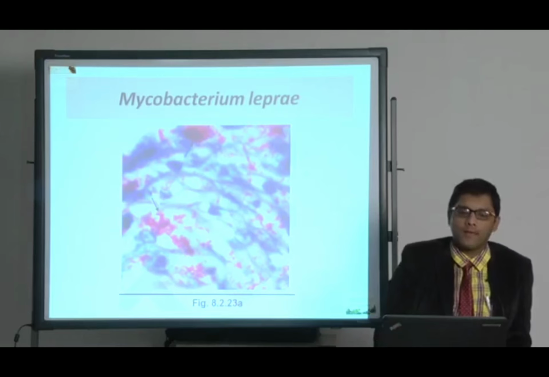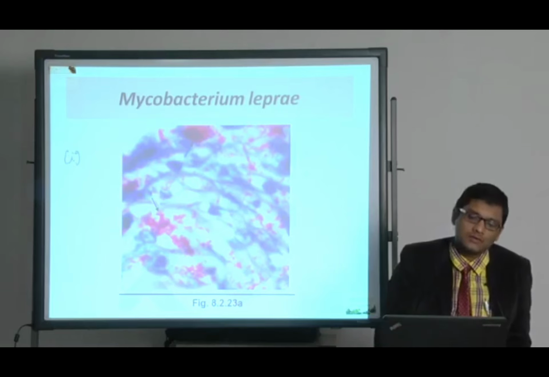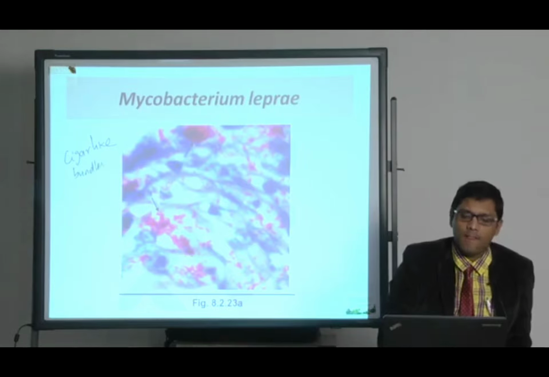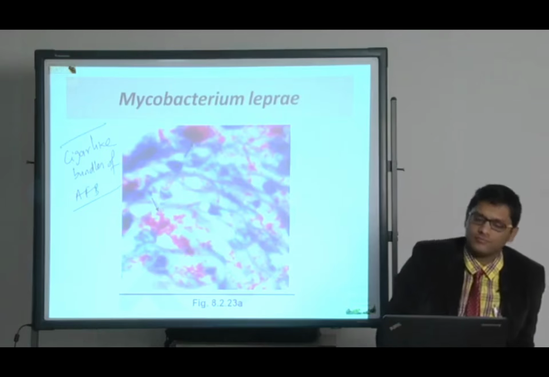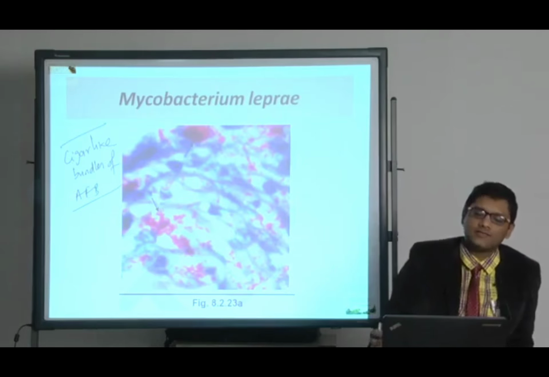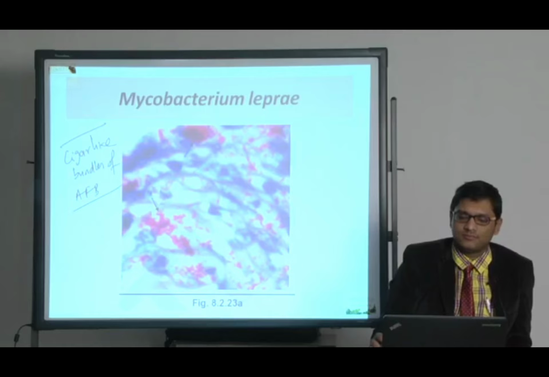Mycobacterium leprae: cigar like bundles of acid fast bacillus arranged in globi. All these are globi actually.